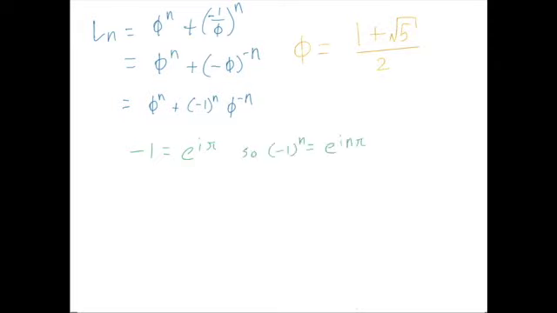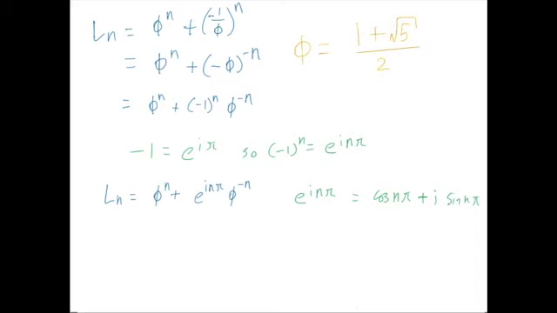And you might note that because we're using exponentials, minus 1 to the power of n is going to be e to the i pi to the power of n. I can just multiply that n and we get e to the i times n pi.